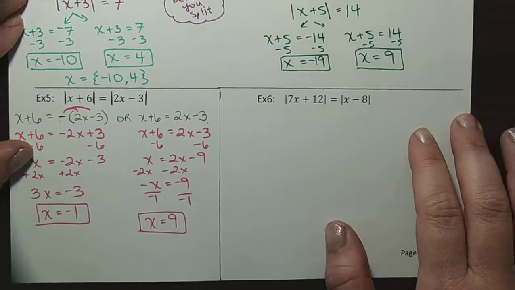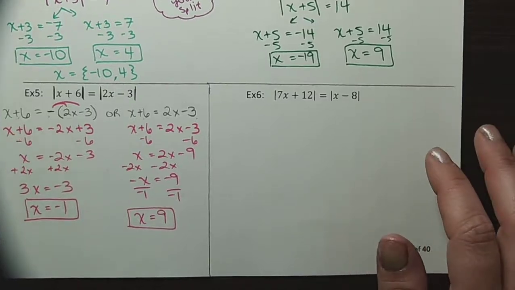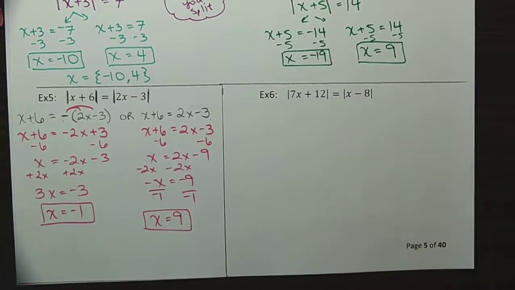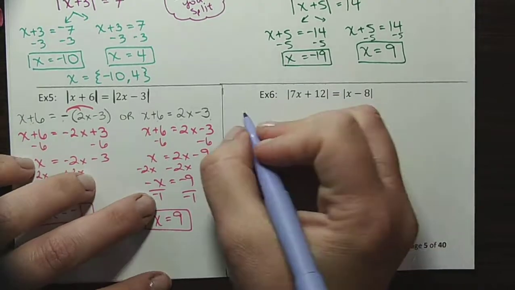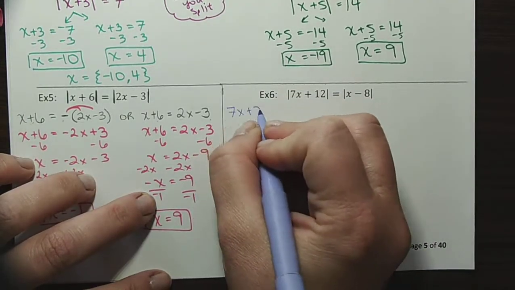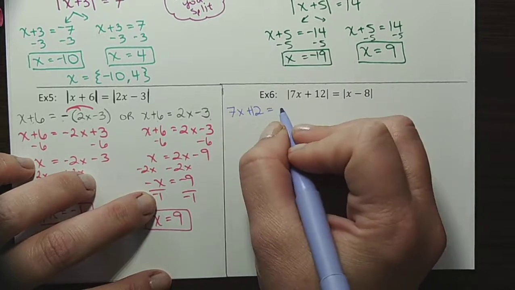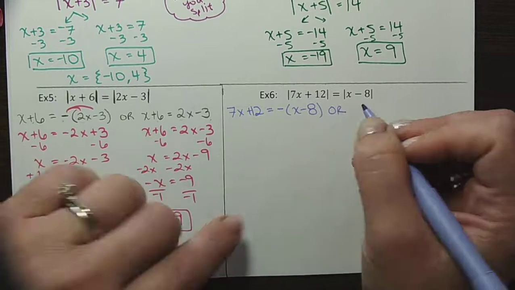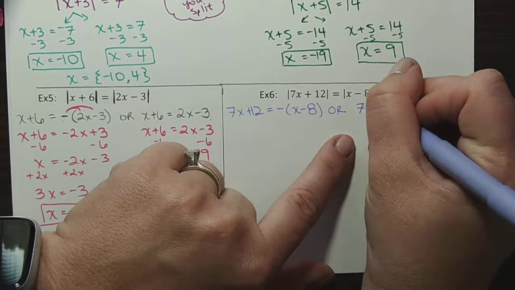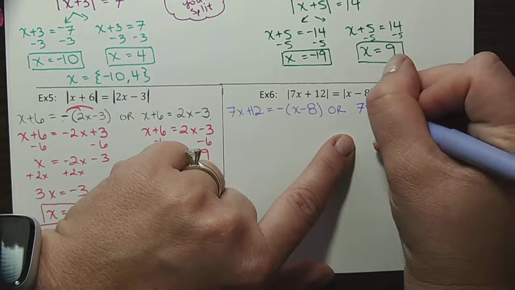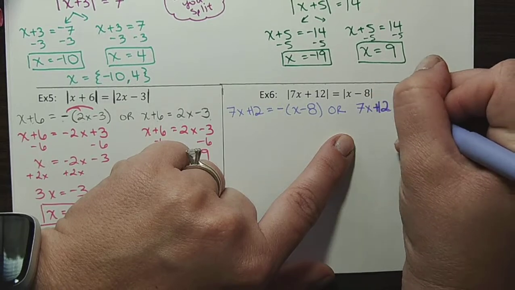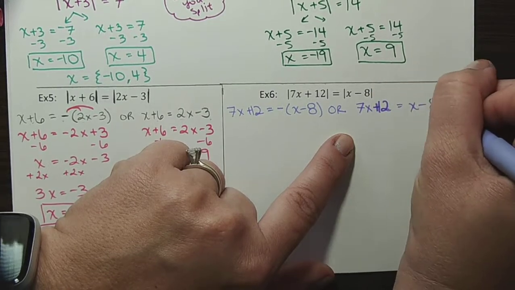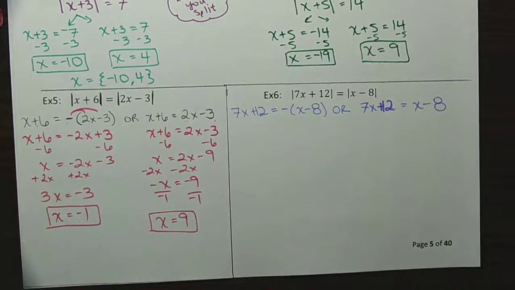All right, I would again pause and try example 6, and then I will go through it. So we're going to have 7x plus 12 could equal negative x minus 8, or 7x plus 12 equals regular, without the negative, x minus 8.